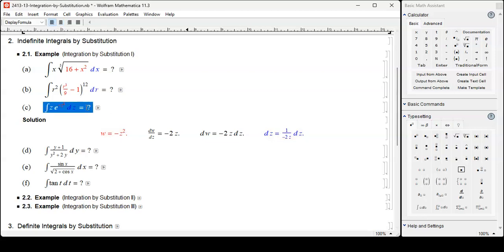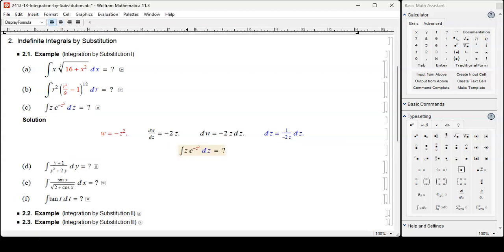So this original integral is, in place of this negative z squared, I'm going to put w there, and then in place of this dz, I'm going to multiply this.